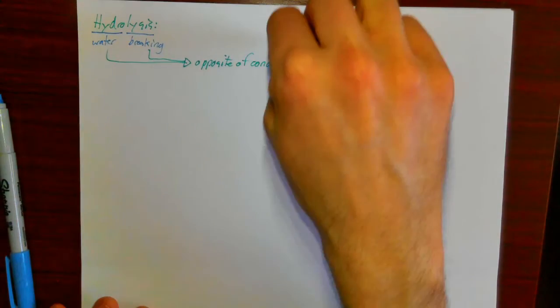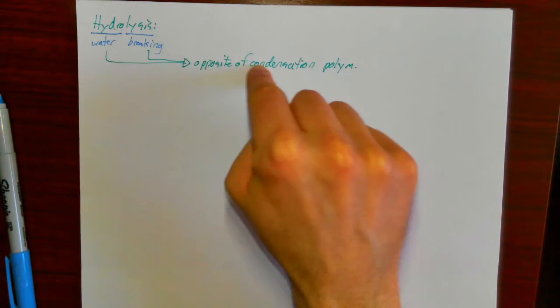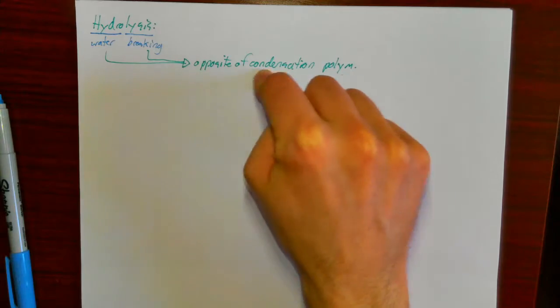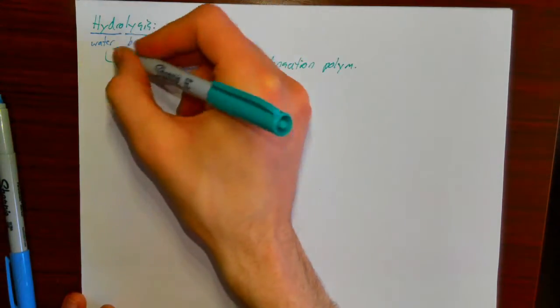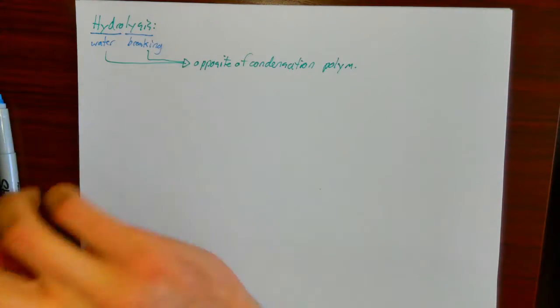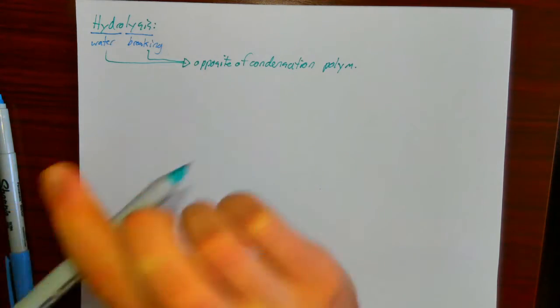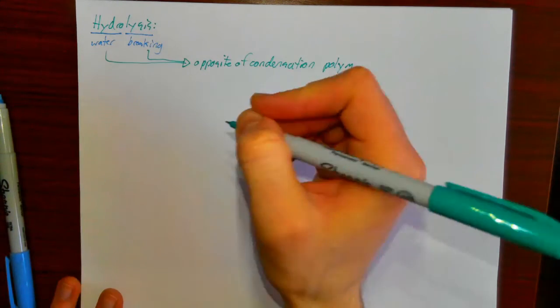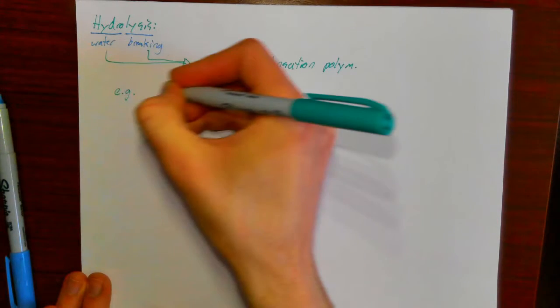And so what polymers might be vulnerable to hydrolytic degradation? Well, the types of polymers that were formed via condensation polymerization. Examples include polyesters.